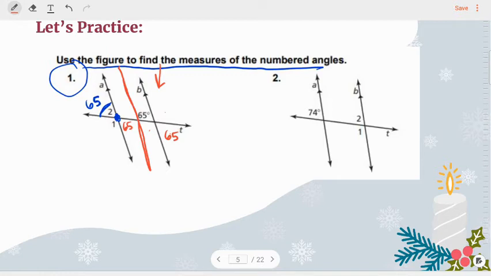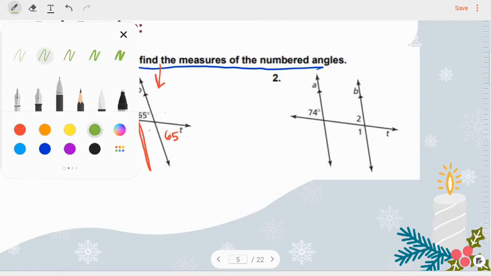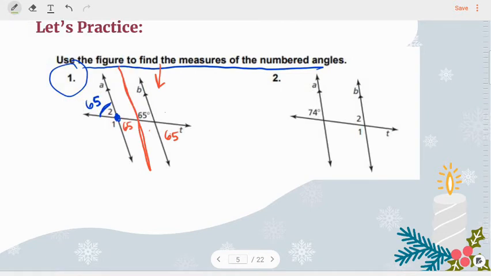Now, if I wanted to find any of the other angles in my diagram, I need to remember a special fact about lines. Remember that straight lines, here's a straight line, form what is called a linear pair, or supplementary angles.